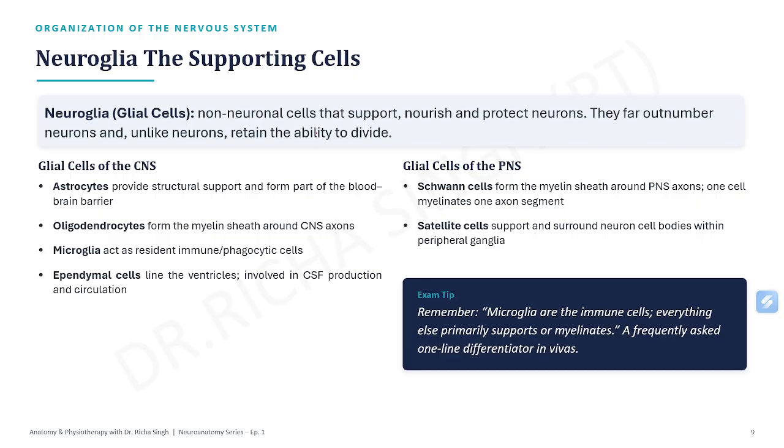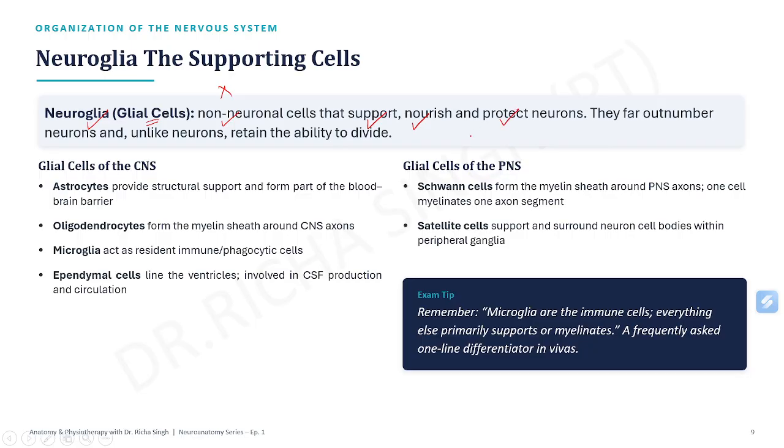Next, we go to neuroglia, or the supporting cells. As discussed previously, these neuroglia are also called glial cells. These glial cells are non-neuronal cells, meaning they are cells apart from the neurons in the nervous system, which support, nourish, and protect the neurons.